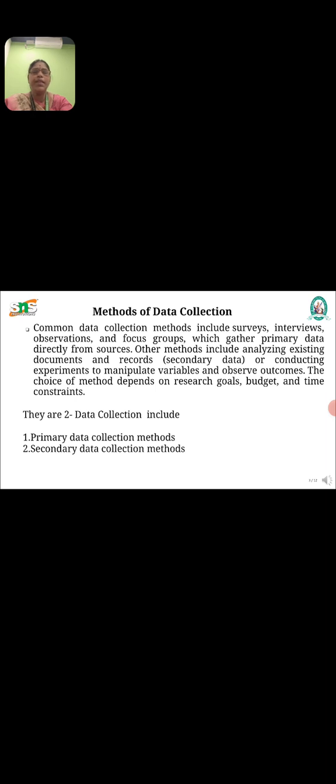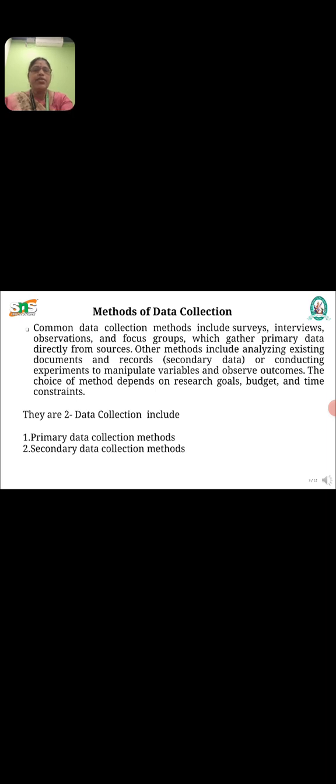So primary data is nothing but first-hand information which we collect. Next, secondary data will be in the form of published articles in newspapers, journals, or any article which has been published and documented. That is very important for secondary data. It is already recorded data.